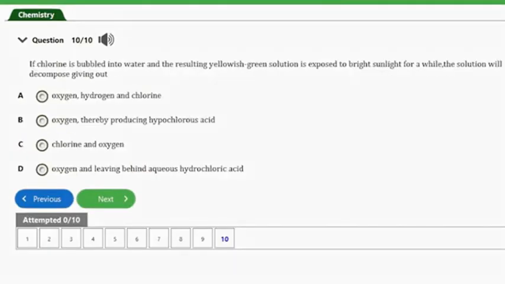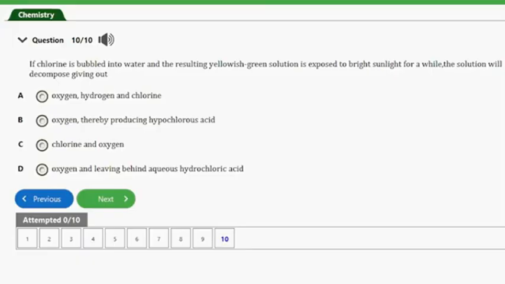Question number 10 here. It says, if chlorine is bubbled into water and the resulting yellowish green solution is exposed to bright sunlight for a while, the solution will decompose, giving out: A, oxygen, hydrogen, and chlorine; B, oxygen, thereby producing hypochlorous acid; C, chlorine and oxygen; D, oxygen, leaving behind aqueous hydrochloric acid.